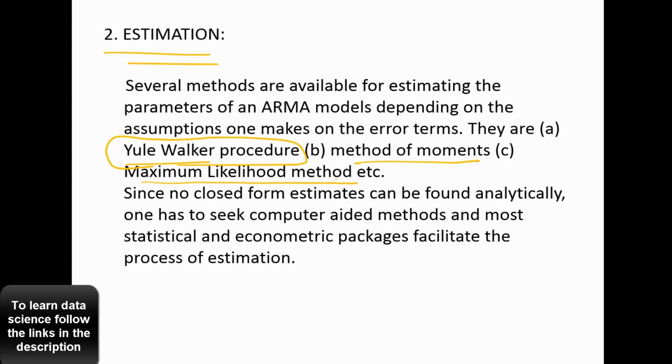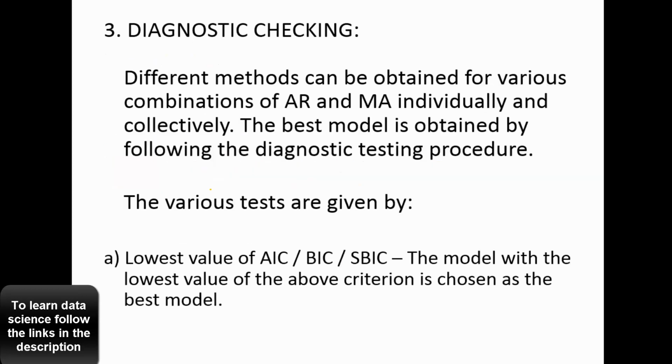You can specify which method is to be used, but there will be only slight variation. You won't have a lot of variation, so you need not worry about that. These are internal calculations the software does for estimation, right? Maximum likelihood is the one which we all are familiar with, because it is also one estimation method used in time series models, so we can use the same thing.